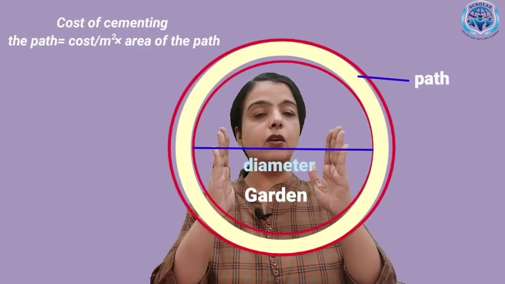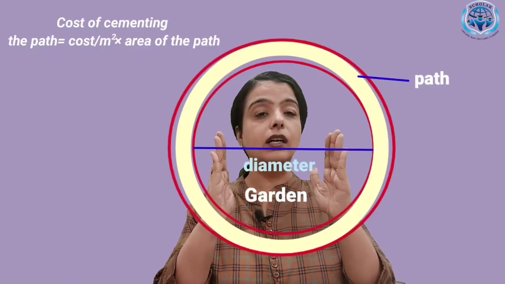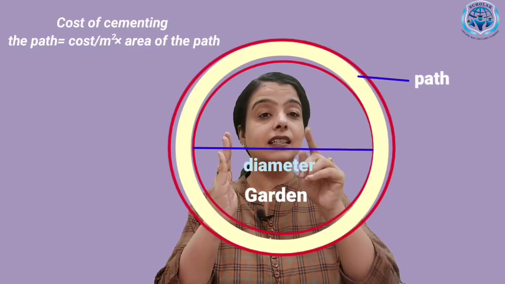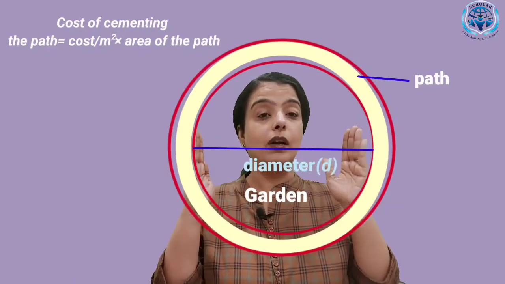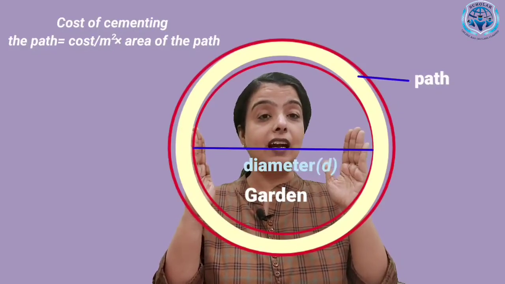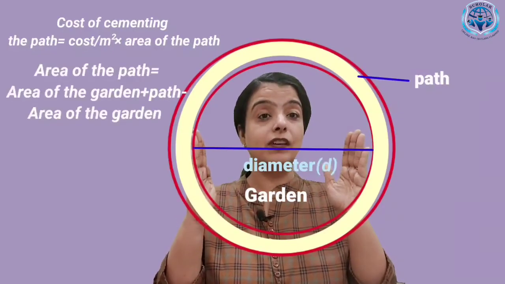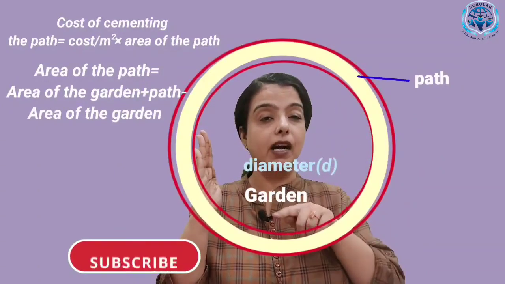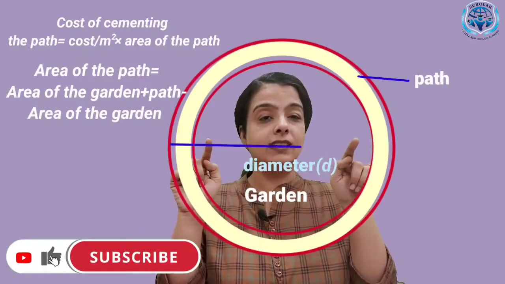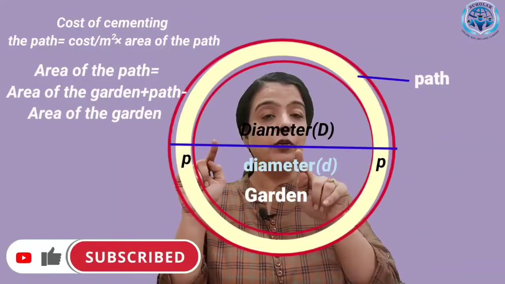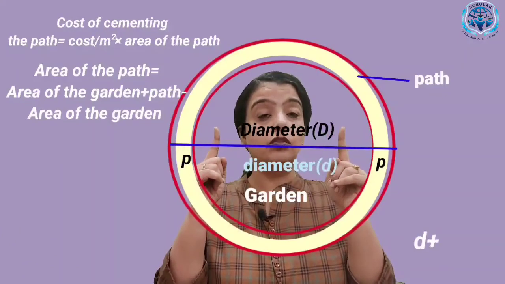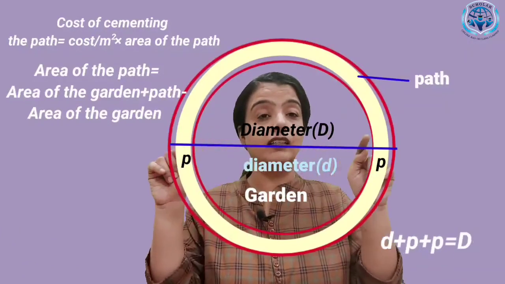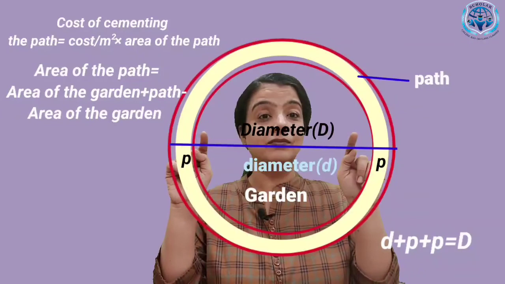Now the diameter of this circular garden is small d. If you need to find out the area of this one, and you have to subtract this area from this area to get the area of the path, you need to find out this diameter. What will you do? You will add both these widths to this diameter to get the whole diameter.